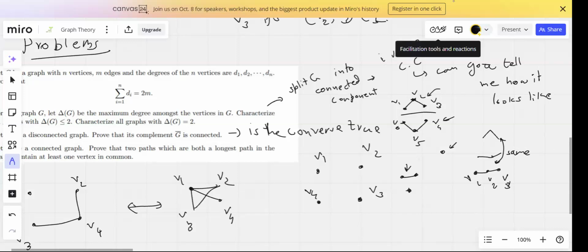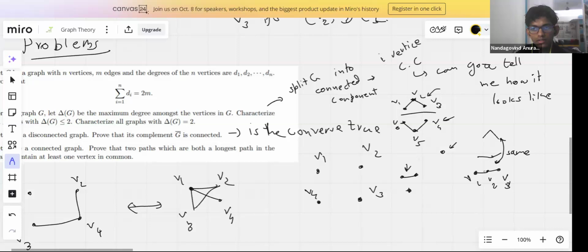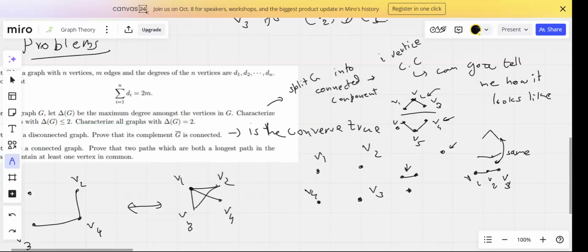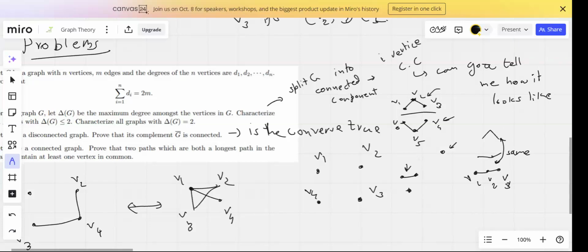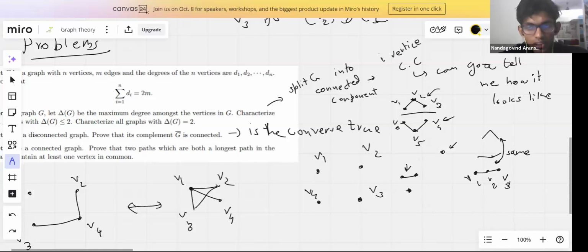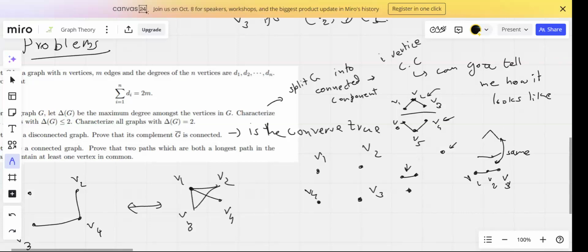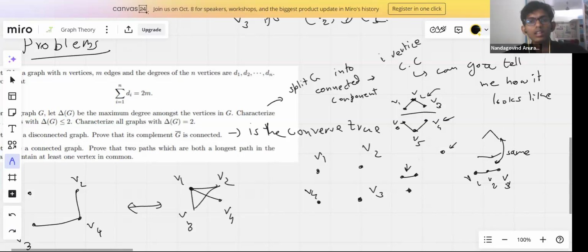We're not looking at them as points on a Cartesian plane.